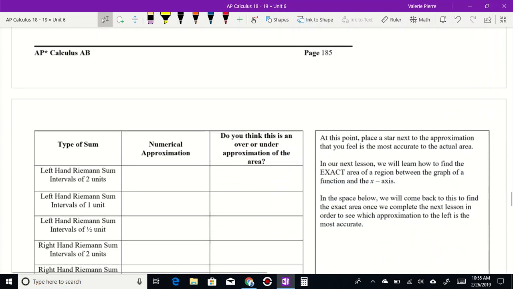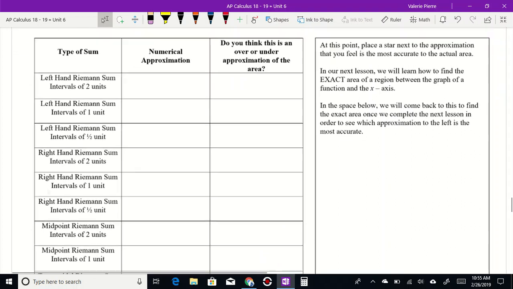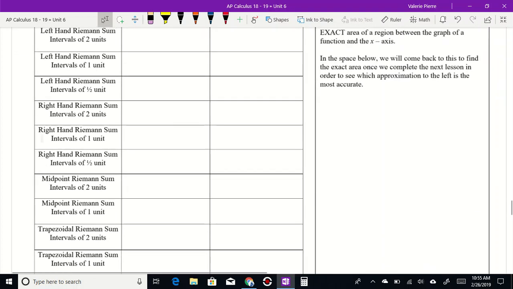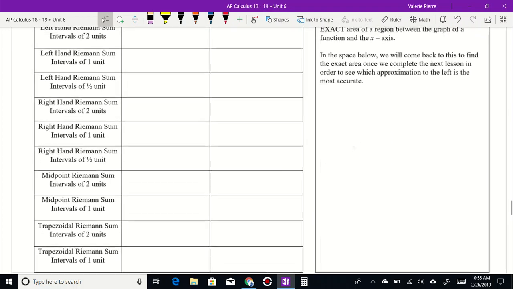All right, the last thing that you are going to do is you are going to enter your numerical approximations on the following page. So I'm going to enter the numerical approximations that we did together, right?